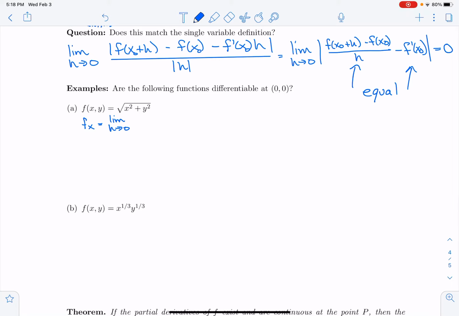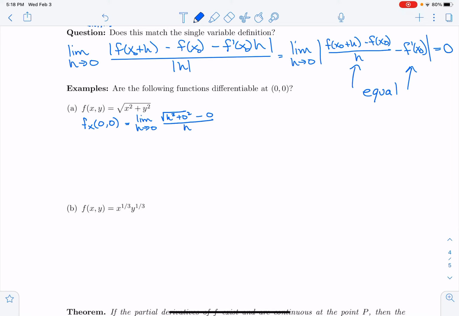In particular, we're interested in knowing this derivative near 0, 0, so I want the partial derivative at 0, 0. That's going to be the limit as h goes to 0 of f of 0 plus h, so this will be the square root of h squared plus 0 squared, minus f of 0, 0, which is 0. And then I'm going to divide that whole thing by h.